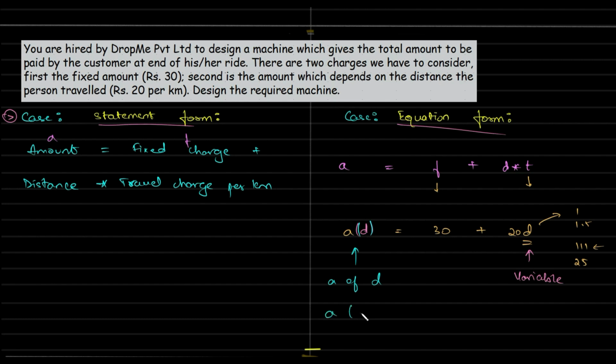You would have written it as A of D, comma, say fixed charges keeps changing, D, comma F. But this is not something we'll be looking at, at least not in high school maths. But it's not too complicated. I would prefer that you learn all of this. We will use this in physics actually. I'll use it over there and hopefully you can relate to it and understand better. But yes, this is an equation form of this particular scenario.